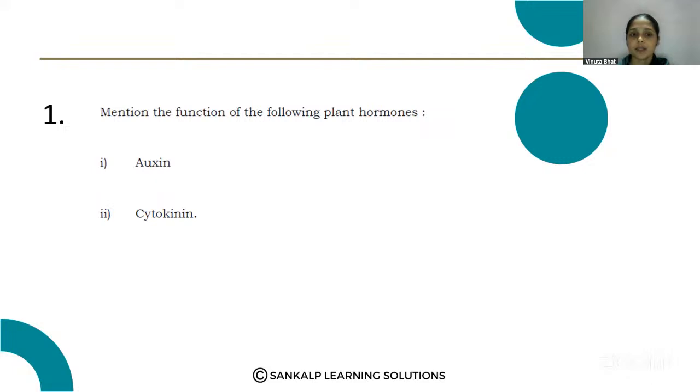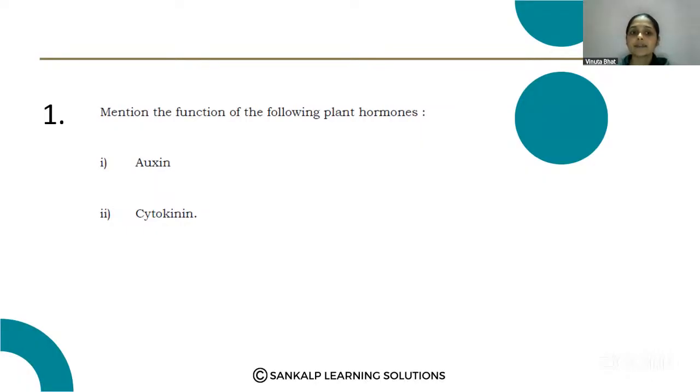Next question. Mention the function of the following plant hormones: auxin, cytokinin. Auxin helps in the elongation of the cells, mainly elongation of the stem.